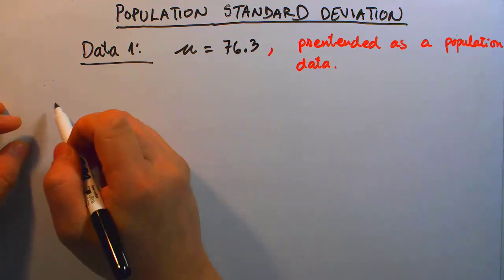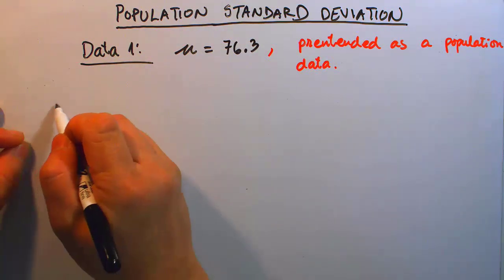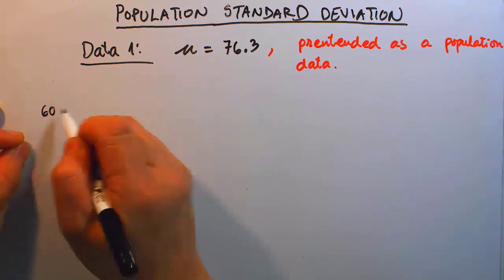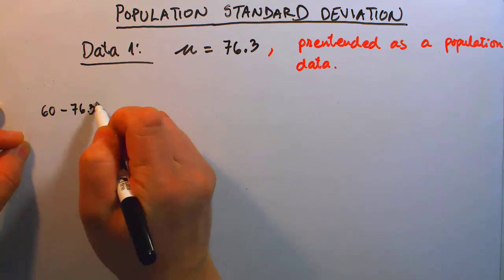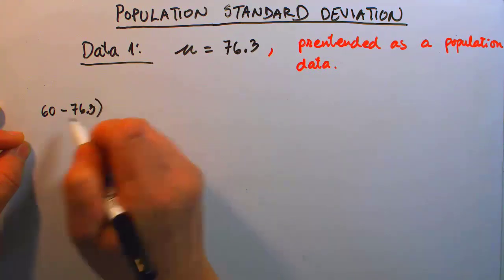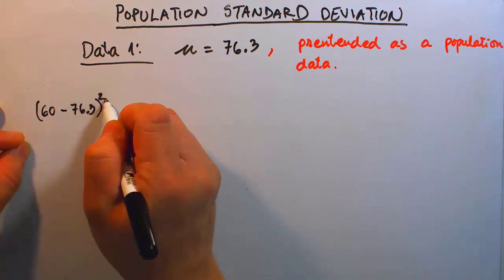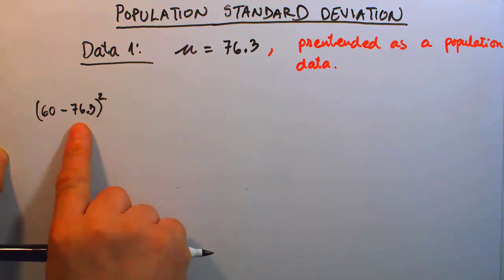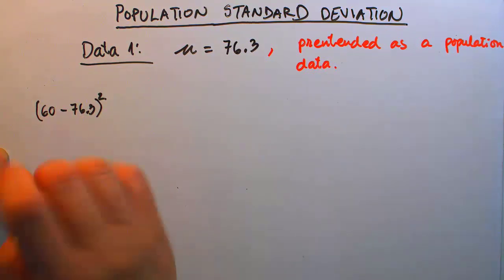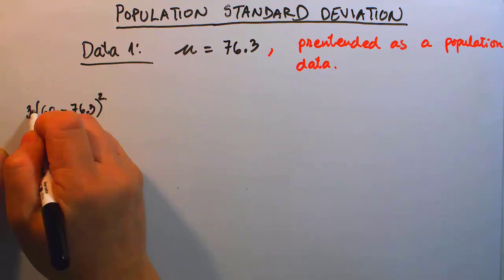So now I'm going to look at 60, my first value, and subtract the mean, 76.3. In our previous work, we learned that we need to take the square of that, and there are going to be 3 60s in our data, so consequently we're going to have 3 different squares like that. So 3.